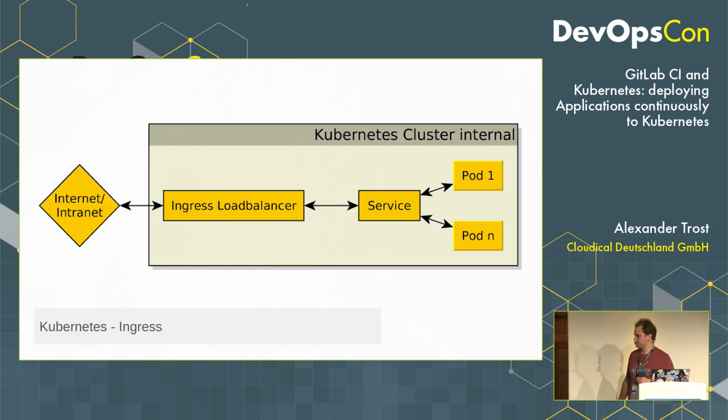Continuing on to Ingress. An Ingress is also like a load balancer, if you will, but on the HTTP level. The Ingress controller is the part that is reachable from the internet, where you point all the DNS addresses from outside.